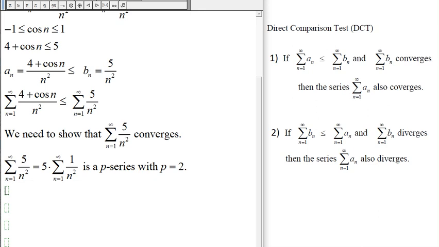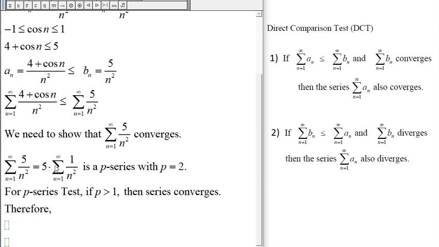And recall that for the p-series test, if p is greater than 1, then the series converges. And therefore, this series converges.